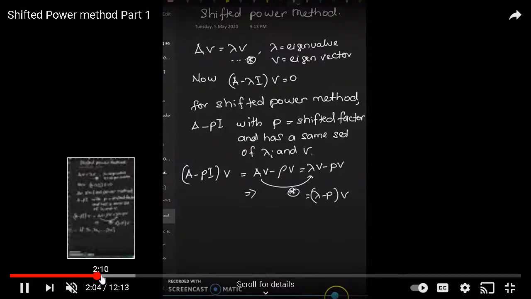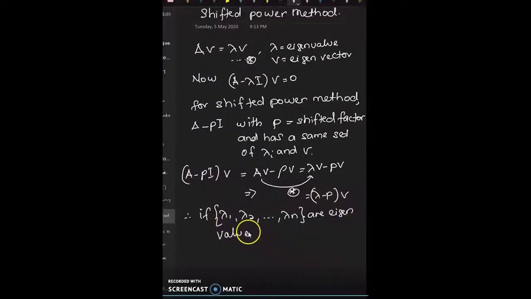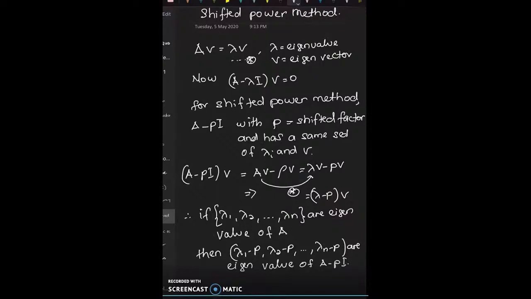We can express this equation very simply as lambda V minus PV, where lambda minus P is an eigenvalue for matrix A. So now A is replaced by the new eigenvalue, lambda minus P. So lambda 1 minus P, lambda 2 minus P, lambda 3 minus P are the eigenvalues of A minus PI.